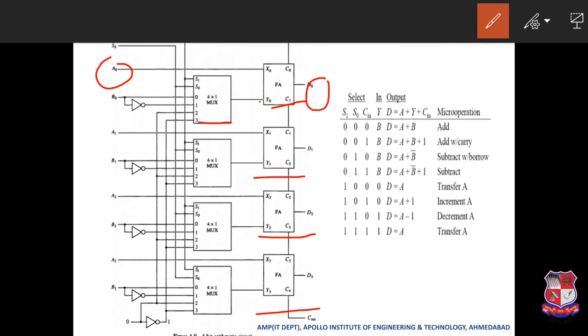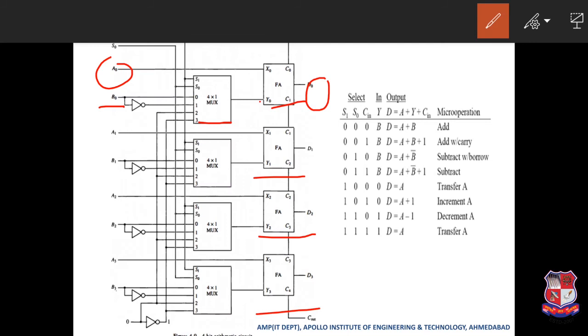In this, our B input is connected to the full adder via a multiplexer. Here a 4 cross 1 multiplexer is there. So there are 4 input lines; the 0th input line is directly connected with B. In the first input line, there is the complement of B as an input.